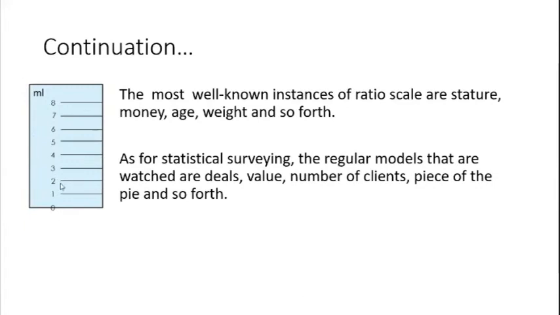What we mean by absolute zero is that when you say zero, there is really nothing. It doesn't exist. Just like the money right now in your wallet, it's empty. It's zero. I have no money and money is not existent in my wallet. So that is an absolute zero point.